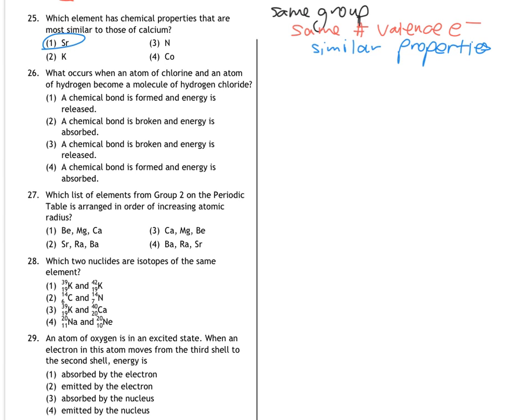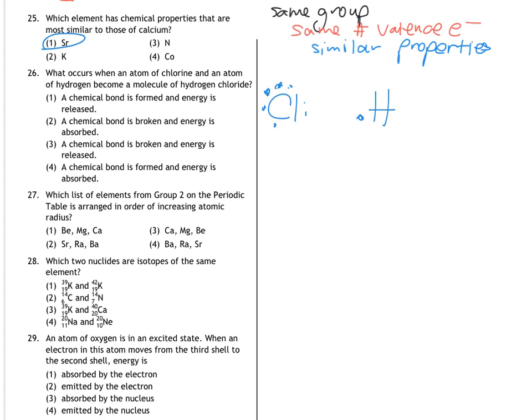All right, so what happens when an atom of chlorine and an atom of hydrogen become a molecule of hydrogen chloride? So my chlorine atom is going to have 7 electrons in its valence shell, and hydrogen has 1.